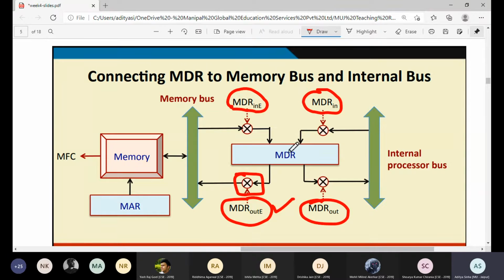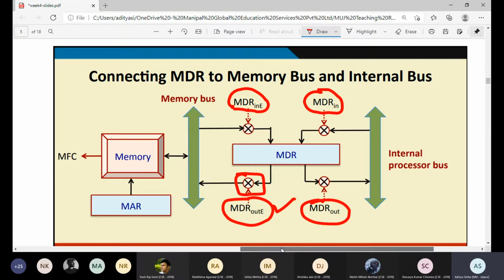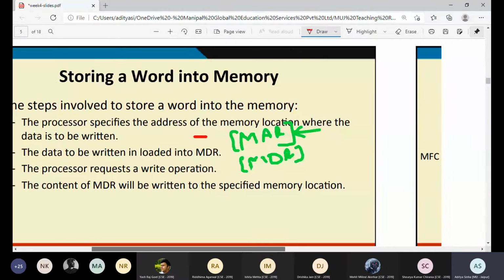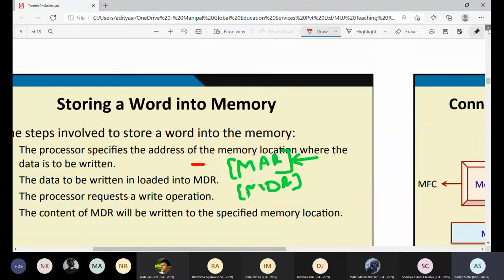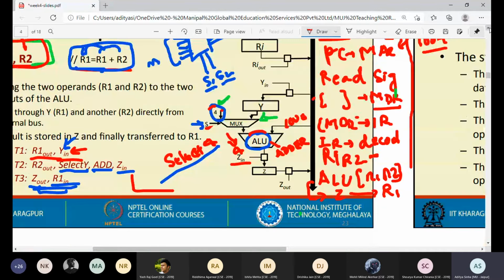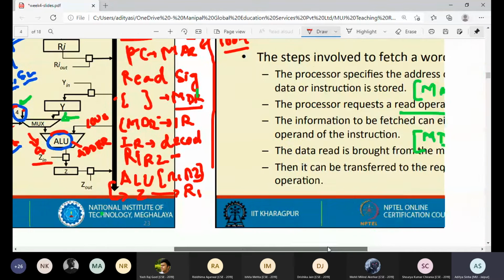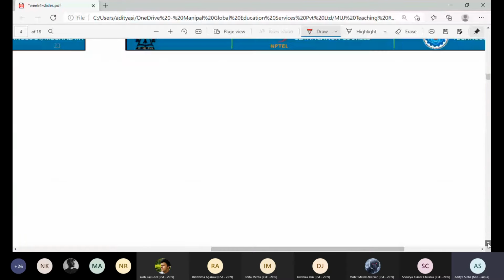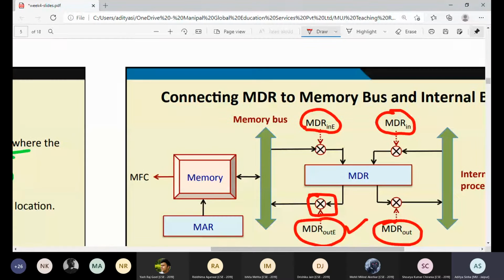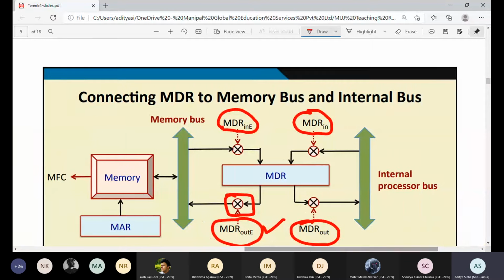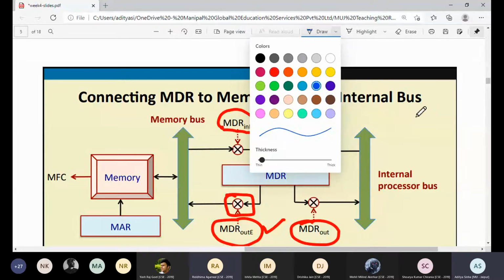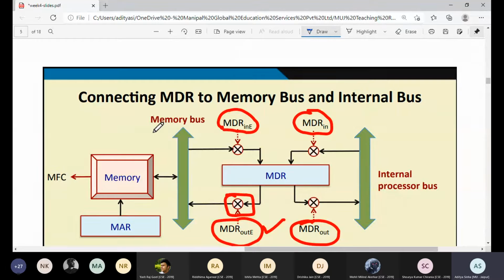Okay. So registers are connected through these. Hopefully, you remember these points because we discussed them properly. How many buses are there in this diagram? Two. Yeah, that is the memory bus and the internal processor bus.